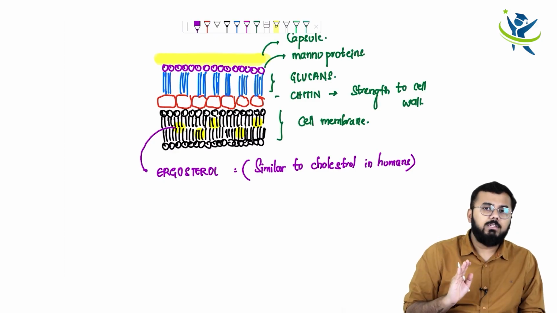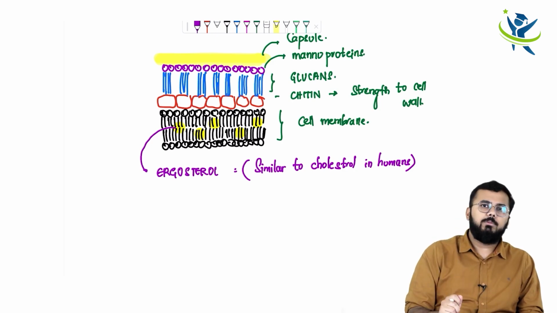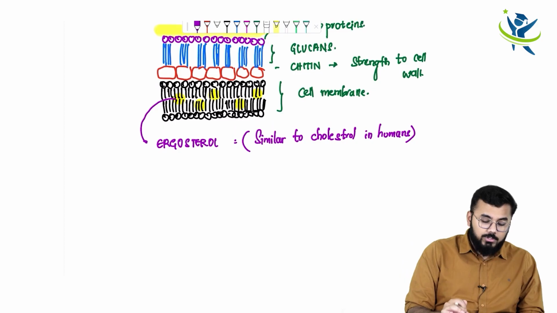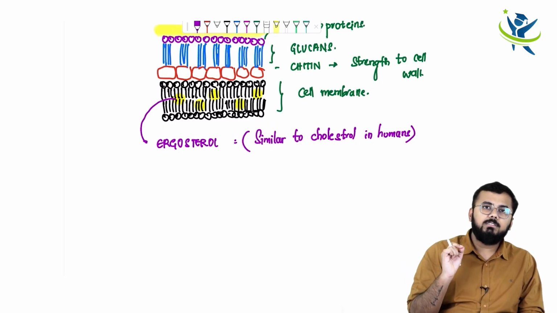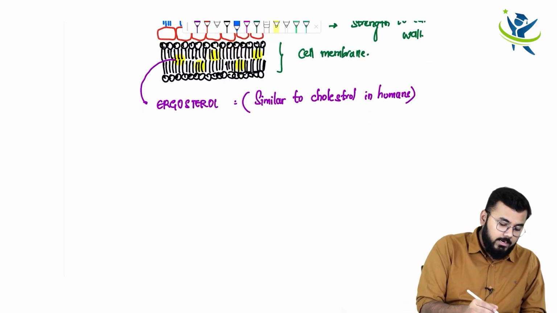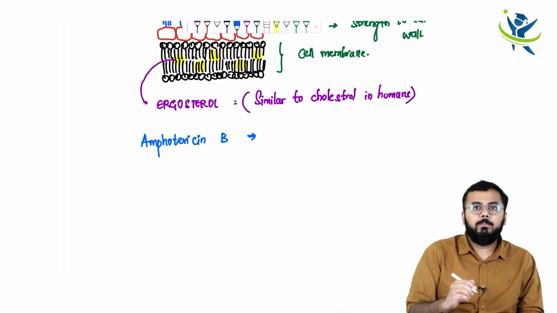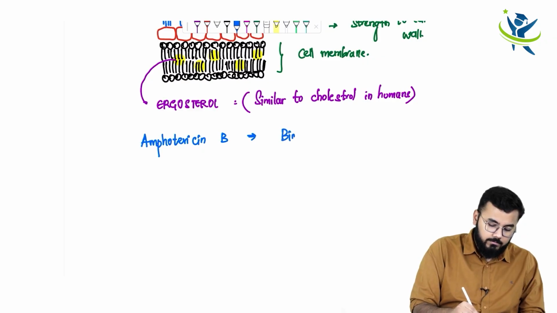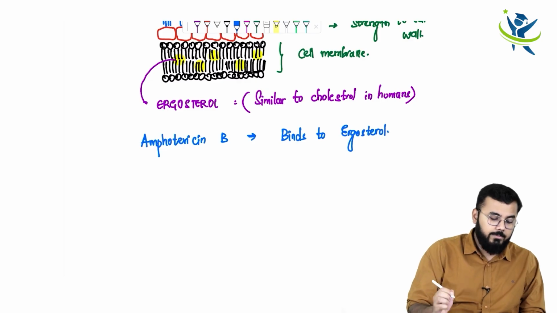So what are the drugs which bind to ergosterol and inhibit its further synthesis? One drug is amphotericin B, which binds to ergosterol.